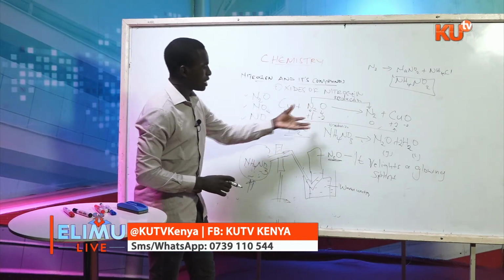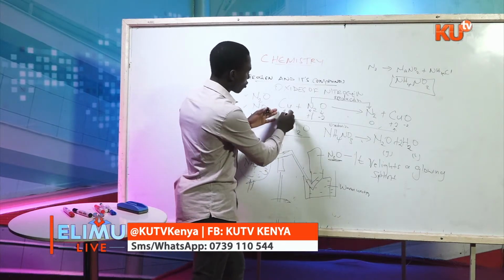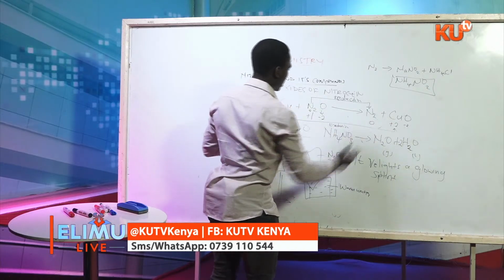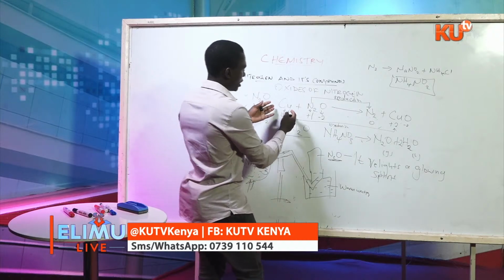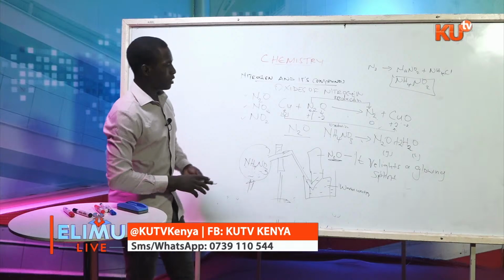That's why nitrogen 1 oxide is an oxidizing agent: it oxidizes copper to copper 2 oxide, and itself is reduced from nitrogen 1 oxide to nitrogen. So nitrogen 1 oxide here acts as an oxidizer.